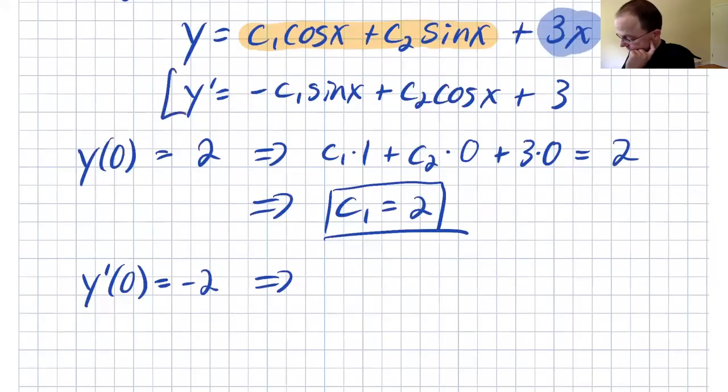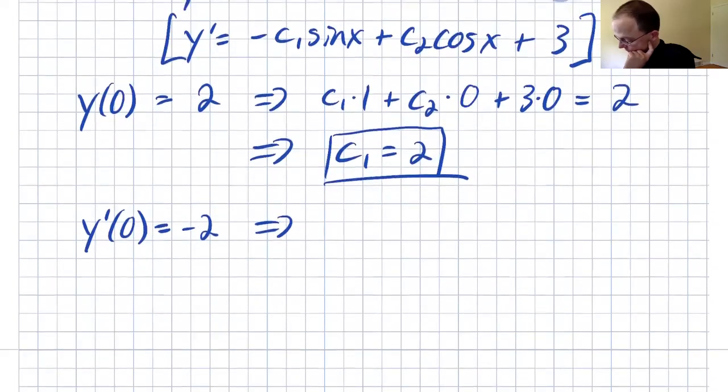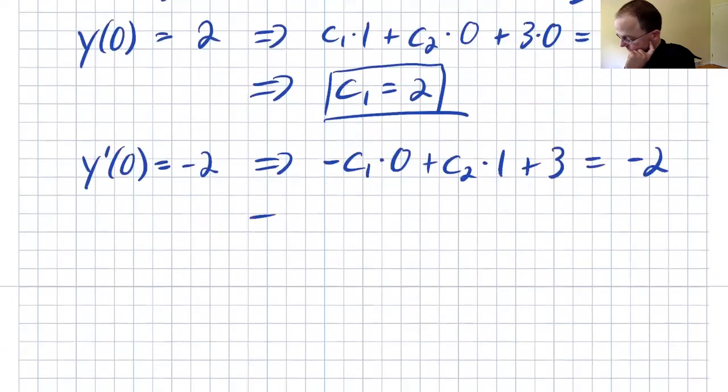Okay, so that's just the derivative, and now we can use that here. So we get negative c1 times 0 plus c2 times 1 plus 3 equals negative 2. Okay, so c2 plus 3 equals negative 2. That means c2 is equal to negative 5.